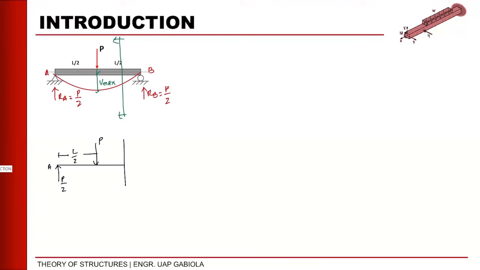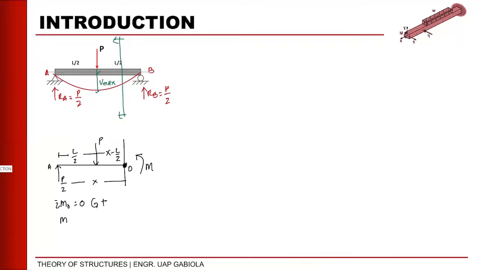Then, alam natin na pag inassume natin na si X, we will have a distance of X minus L over 2. And ito yung point O natin. Wherein, dito natin kukunin yung moment function natin. Okay? And then, we try to get yung moment function natin. Okay? So, summation of moment at O is equals to 0, taking counterclockwise as positive.